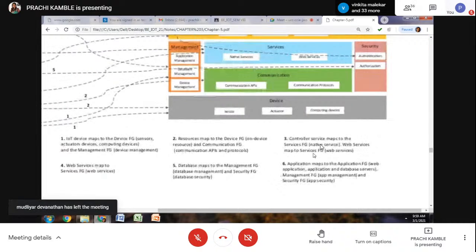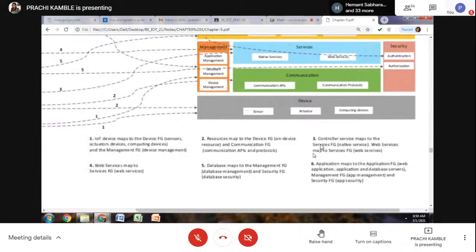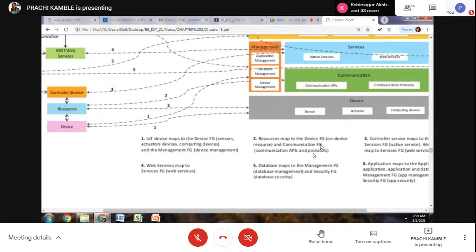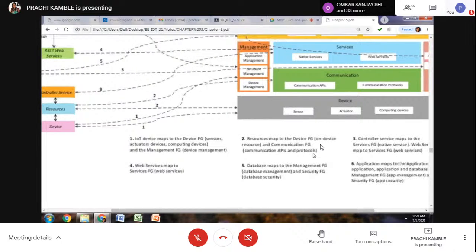Third is controller service mapped to the service FG, that is native service, and web services mapped to the service FG, that is web services. Then we have a database, it is a local database. So database is mapped to the management FG, that is database management, and security, database security.